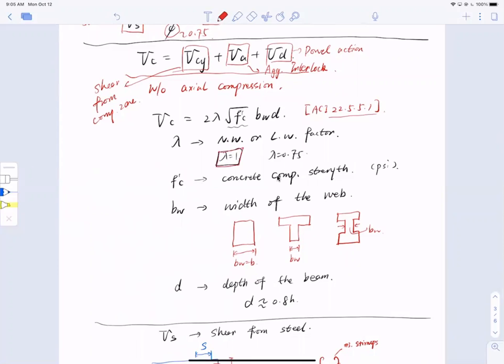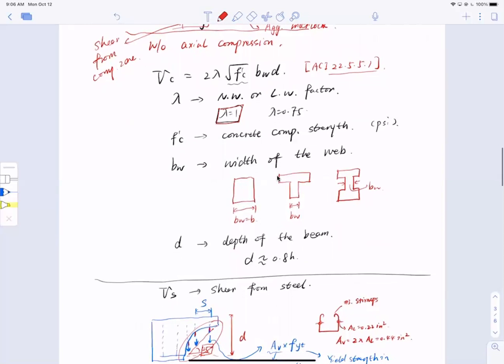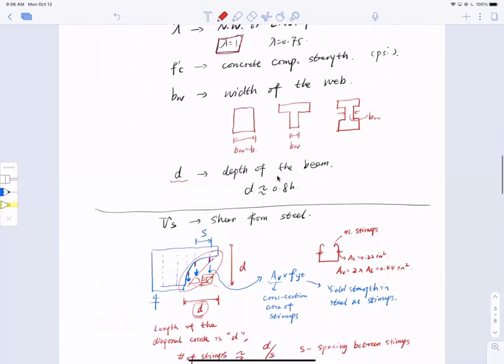If it's normal weight, lambda equals 1, lightweight 0.75. F prime c is compressive strength, bw is the web width, and d, of course, is the depth of the beam. So you use this equation to estimate how much concrete can contribute in terms of shear.